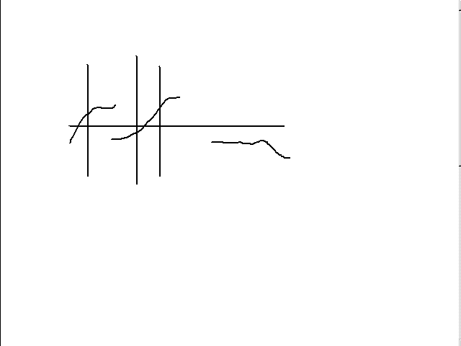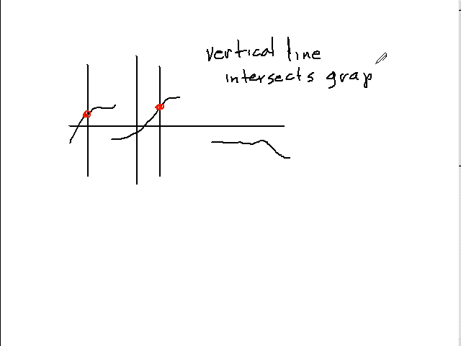So here it'll intersect in one point, here it'll intersect here, etc. So the graph can only intersect at one place. A vertical line for a single valued function intersects at most once. I should say at most, since it may not intersect at all.